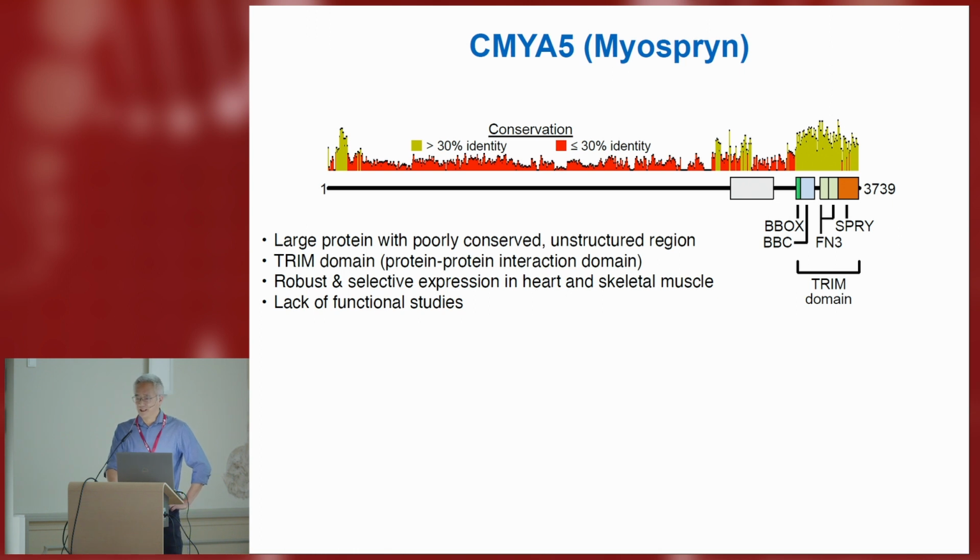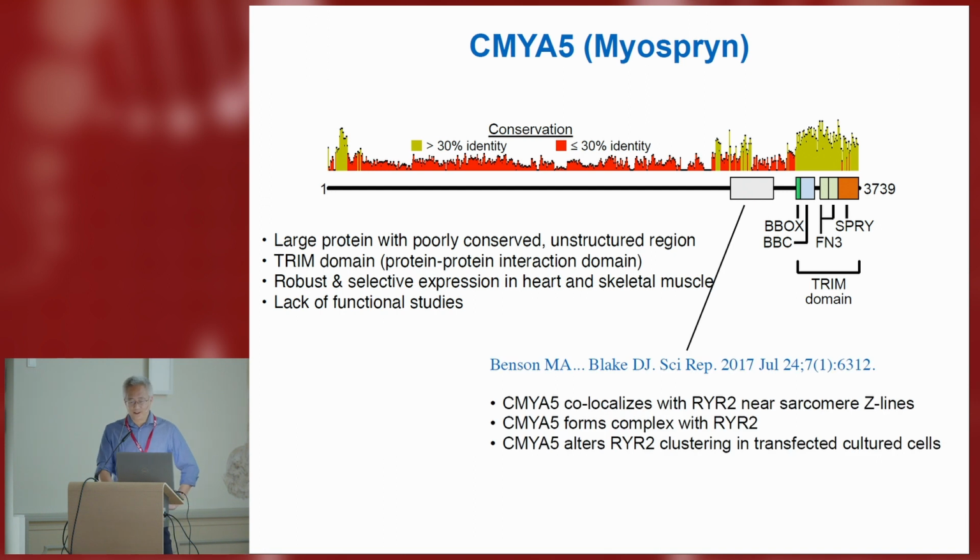This is selectively and robustly expressed in the heart and skeletal muscle, but there have been very few functional studies of this protein. One study that caught our attention was this yeast two-hybrid screen done a few years ago, which showed that it interacts with the ryanodine receptor through this domain. They also showed that expression of this protein could change the clustering of the ryanodine receptor.